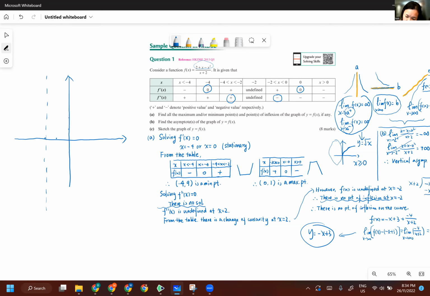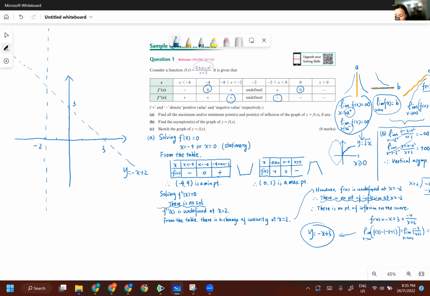So plus 3. This is 3, 3, -2. Now I draw the straight lines very fast. You should too, because after all, how many years have you studied the equation of a straight line?